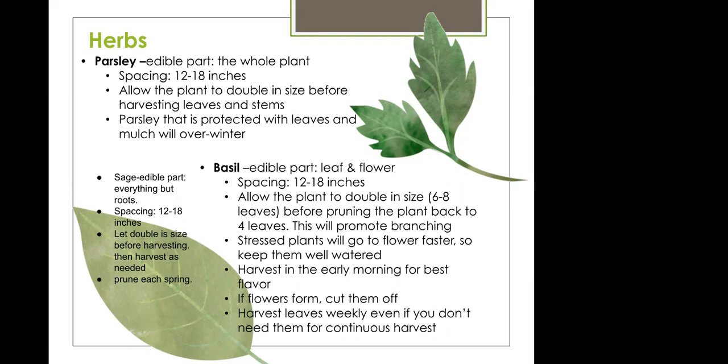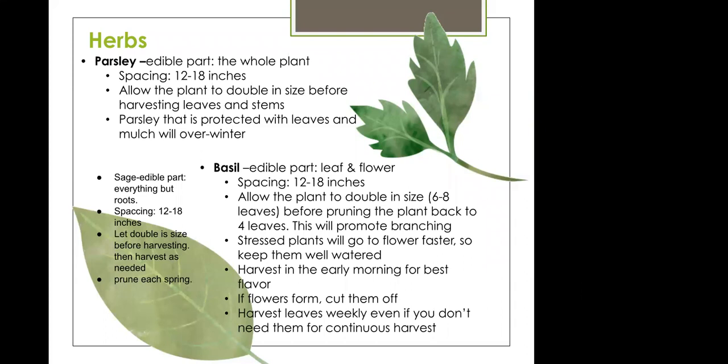With sage, every single part but the root is edible. So the stems are edible as well. They're very pungent with the sage smell. Spacing is 12 to 18 inches apart. And the only special note with sage is that it is a perennial, so it will make it through the winter.